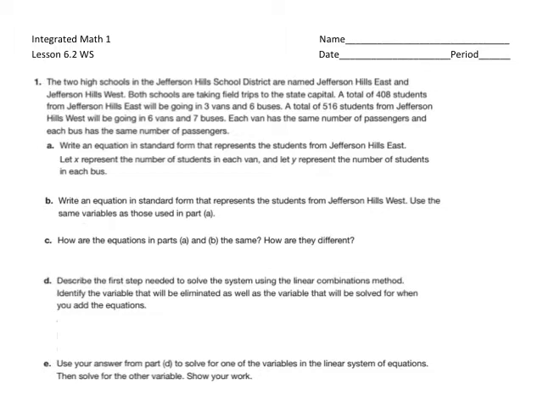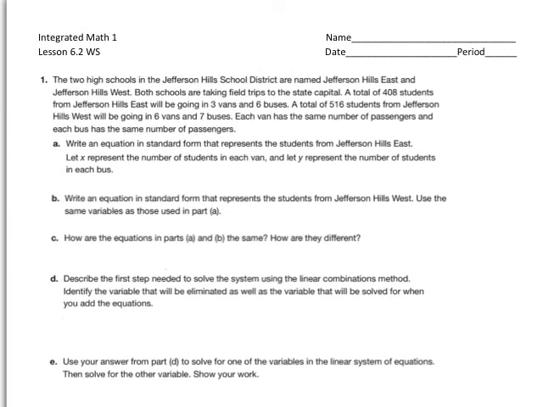Notice how I'm trying to filter out some of the information here. Each van has the same number of passengers and each bus has the same number of passengers. Which means each van is the same size and each bus is the same size, kind of a constraint. Okay. So I'm going to use red for East. Okay.